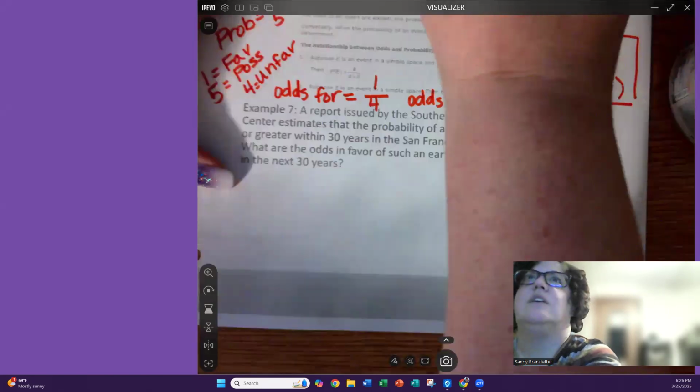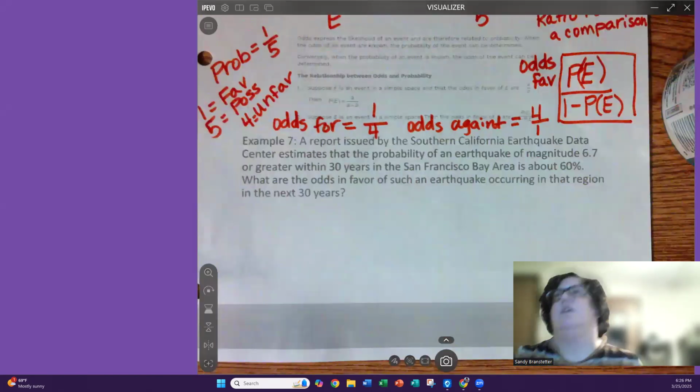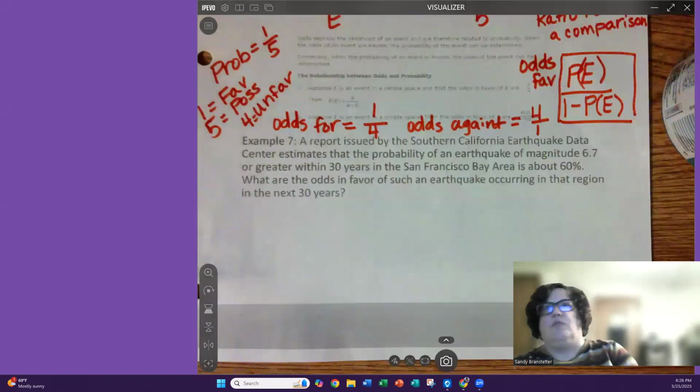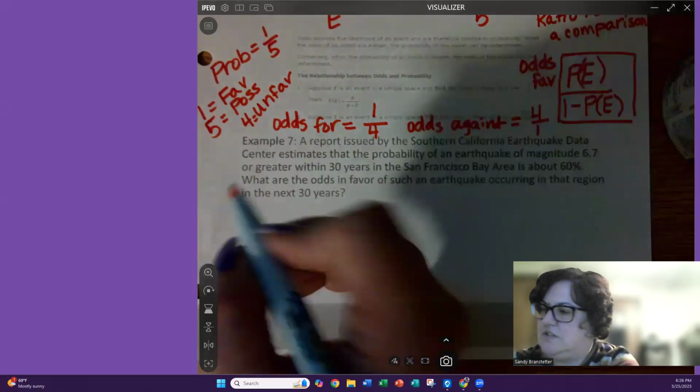Go ahead and push this up just a little so you can see both. For example 7, it says a report issued by the Southern California Earthquake Data Center estimates that the probability of an earthquake with magnitude 6.7 or greater within 30 years in the San Francisco Bay Area is 60%.